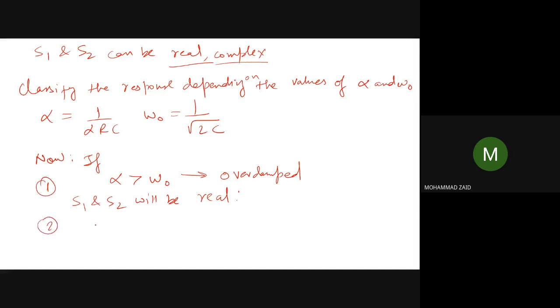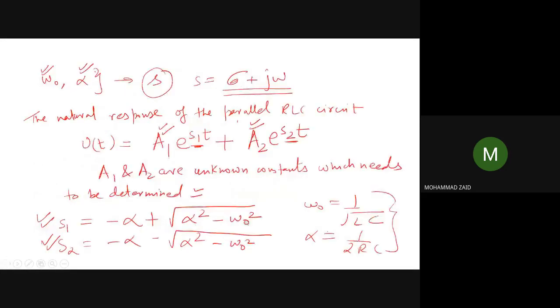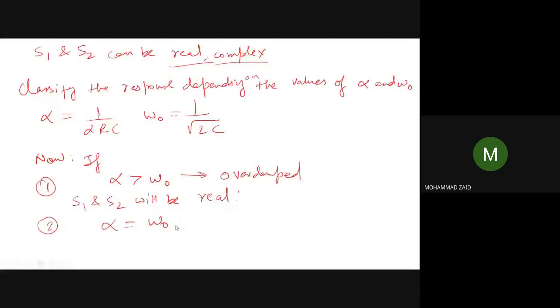Second, if alpha is equal to omega naught, see this equation, everything under the root will be gone, and only minus alpha will remain. If alpha is equal to omega naught, the roots will be real, and the response will be known as a critically damped response. Very important concept. These are having the dimensions of frequency.